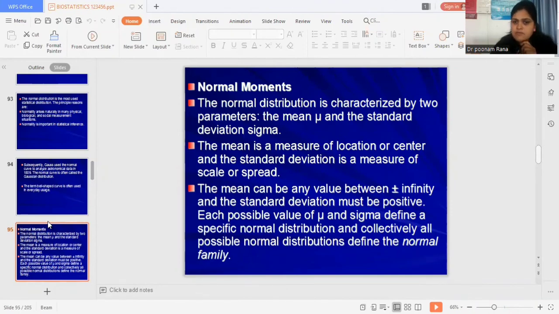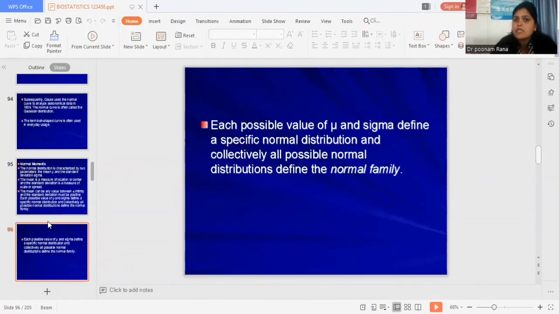Each possible value of mean and sigma defines a specific normal distribution, and collectively all the possible normal distributions define a normal family.